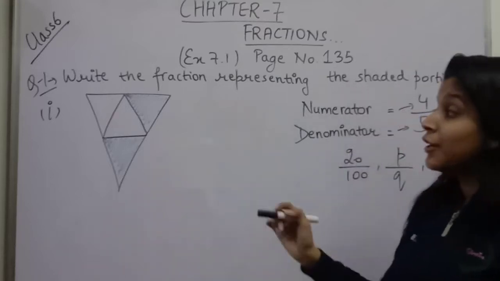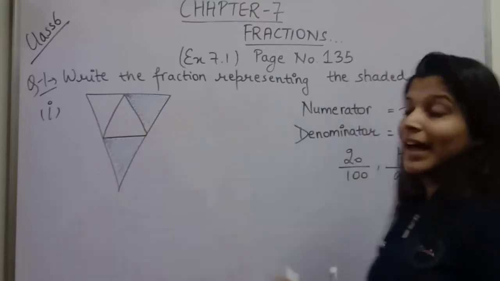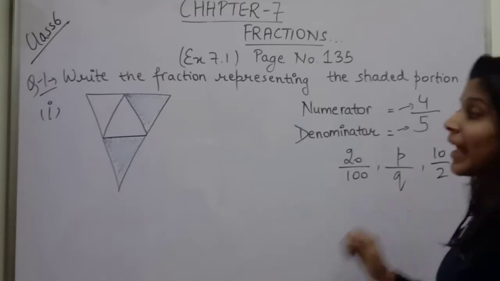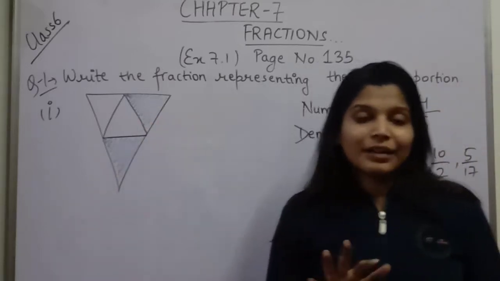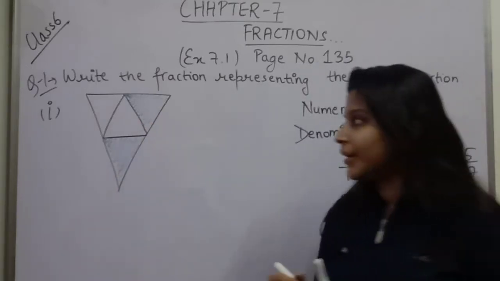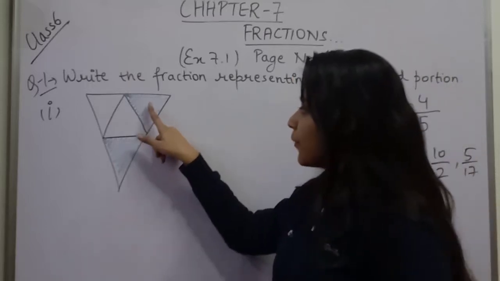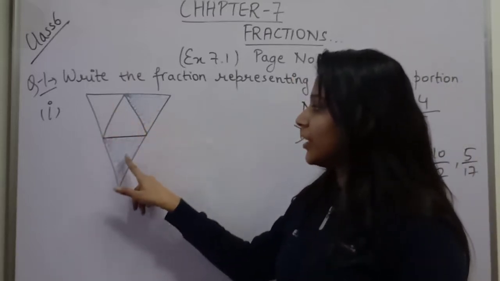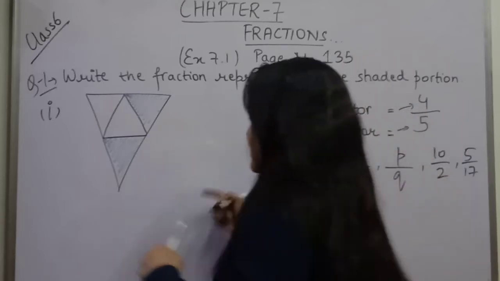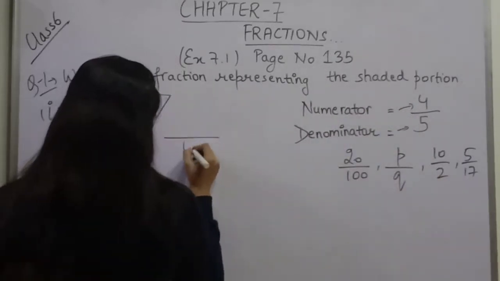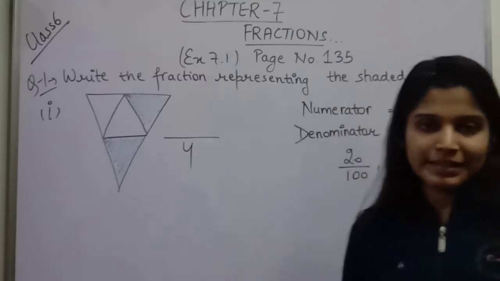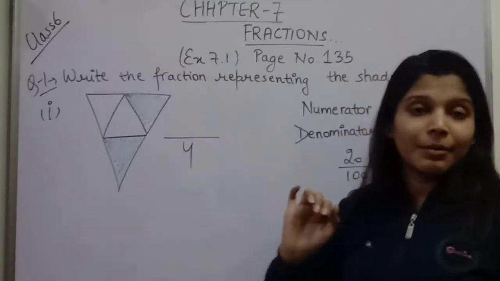So for that, जो total number of parts होंगे that will be written in the denominator and जो shaded parts होंगे that will be written in the numerator. ठीक है? Like in this figure, the total number of parts are 1, 2, 3, 4. Total 4 parts हैं, तो आप एक line draw करके नीचे तो आप 4 यहाँ पे लिख सकते हो. Now ऊपर न्यूमरेटर में क्या आएगा?